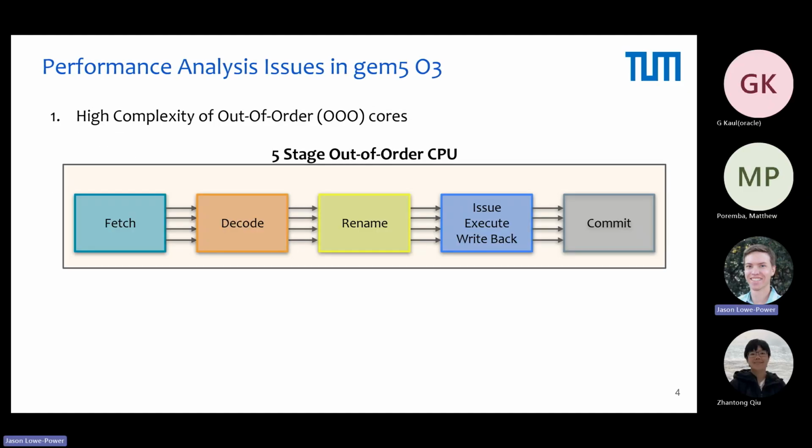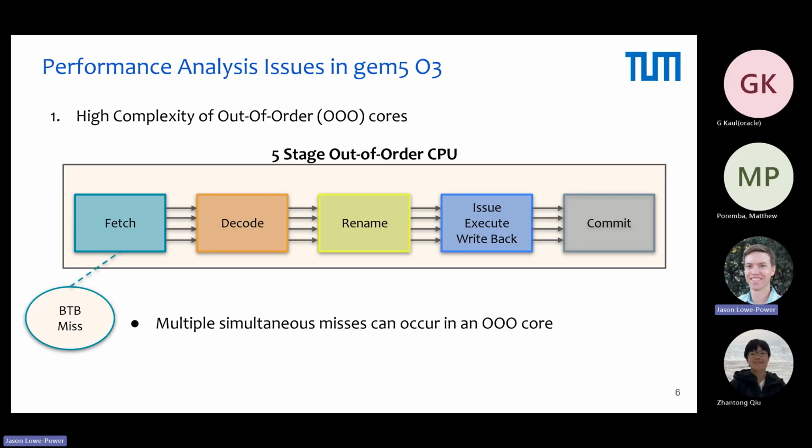The first issue is the high complexity of out-of-order cores. Multiple simultaneous misses can occur in an out-of-order core. These misses can overlap and hide the true performance bottleneck of the core.